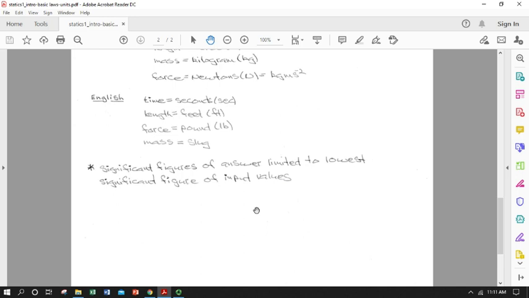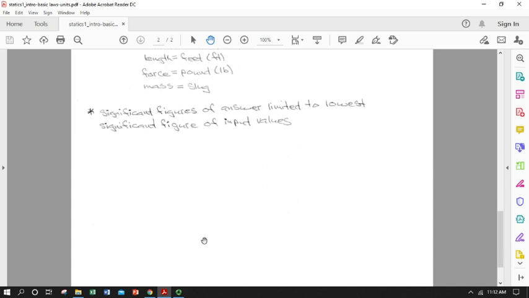So if you get some data input in feet, not tenths of a foot or hundredths, don't report your answer in newtons to the tenth. If you have one significant figure input, you get one significant figure out.